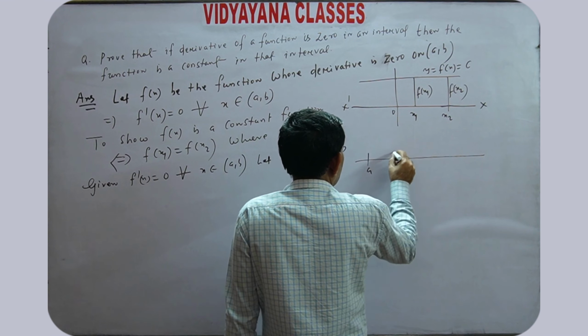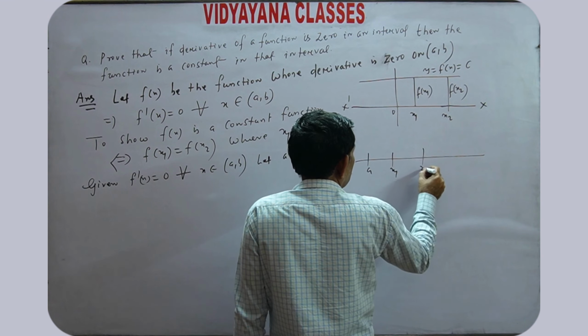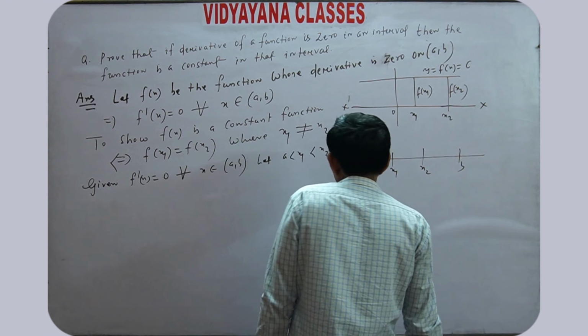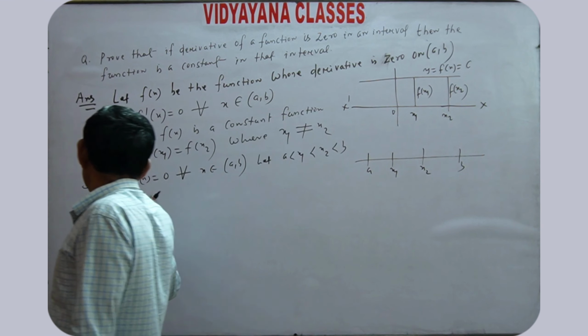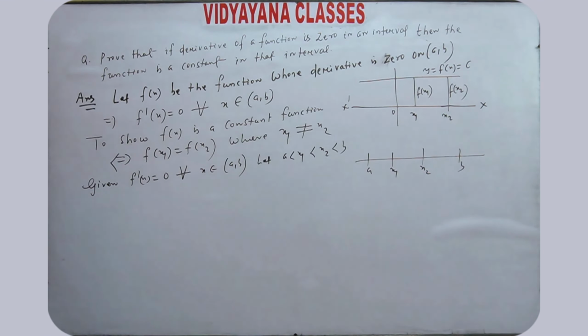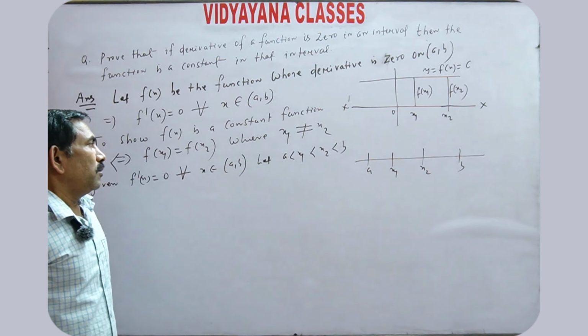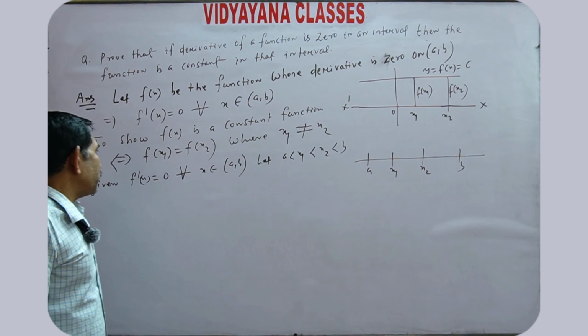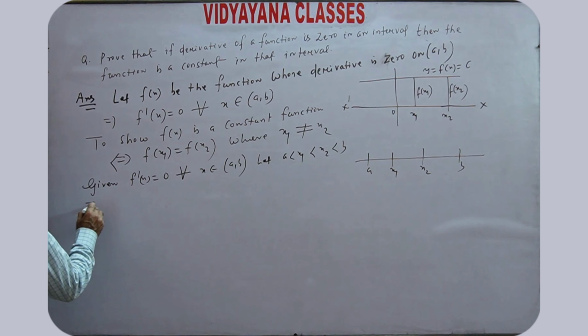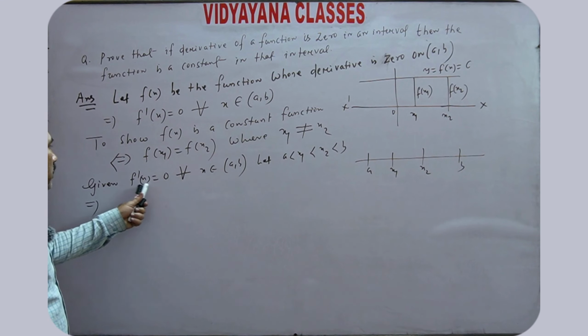It is a, then x1, x2 and b. Given f'(x) equal to 0 for all x in (a, b), that means the derivative exists in this interval. Every differentiable function is continuous. So f'(x) equal to 0 implies f is continuous on (a, b). That means f is continuous on the closed interval [x1, x2], and f is differentiable on the open interval (x1, x2), since f'(x) equal to 0 for all x belongs to (a, b).